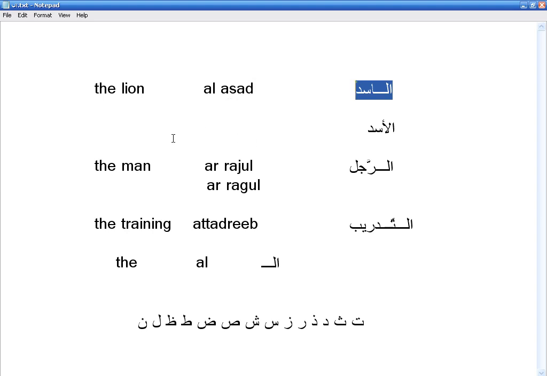So to determine it, I put al before the noun, to determine which lion I'm talking about. Okay, I put al before it, and right here in English, it's like that: the lion.